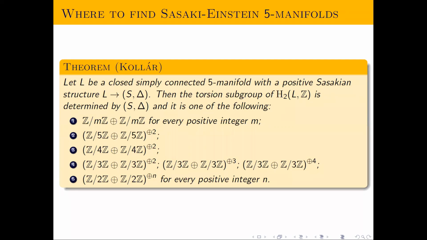It says when you have a closed simply connected 5-manifold with a positive Sasaki-Einstein structure, then the torsion subgroup of this second homology group is determined by this differential orbifold, and this torsion part must be one of the following.